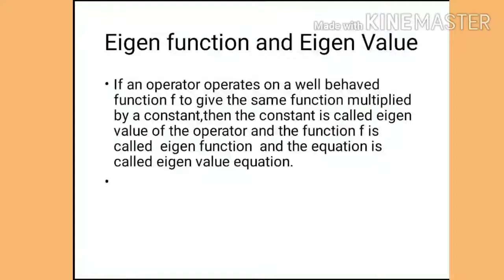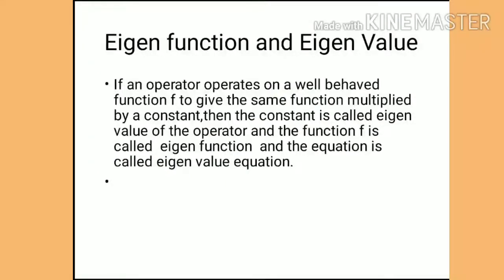Eigenfunction and eigenvalue. If an operator operates on a well-behaved function f to give the same function multiplied by a constant, then the constant is called the eigenvalue of the operator and the function is called the eigenfunction and the equation is called the eigenvalue equation.